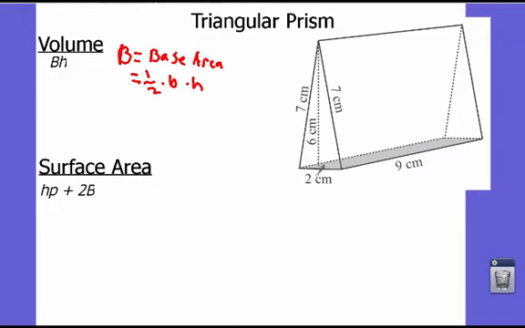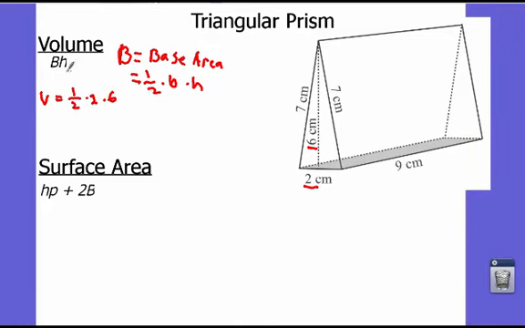So the height of a triangle is defined as the perpendicular distance from the base to the vertex opposite it. So in this case, our base of our triangle is 2, and the height of our triangle is 6. So if we're finding the volume, we're going to say V equals 1/2 times 2 times 6.